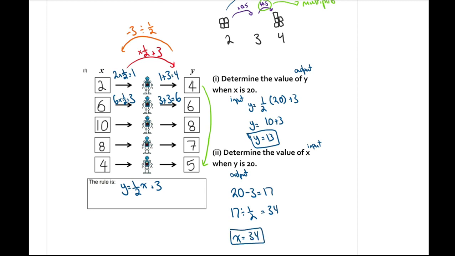And if we wanted to check this, we could go the other way. Let's use our actual rule for position number 34. 34 times 1/2 is 17, plus 3 is 20. So that gives us the value that we're looking for. So once you have the rule, it's a nice way to help you check some of your answers.